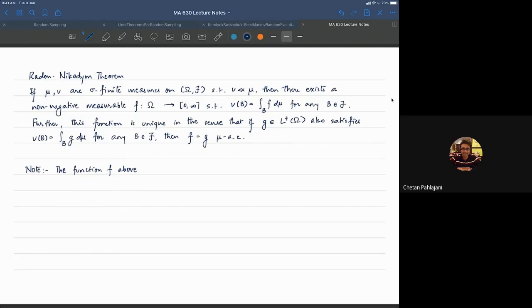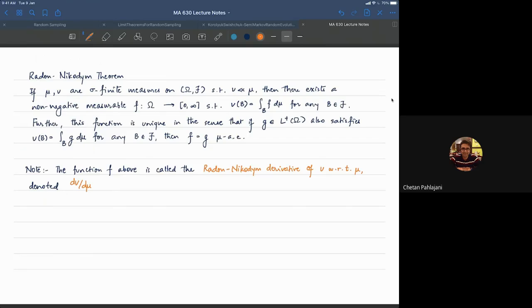The function f above is called the Radon-Nikodym derivative of nu with respect to mu, and it is denoted, not surprisingly, d nu d mu.